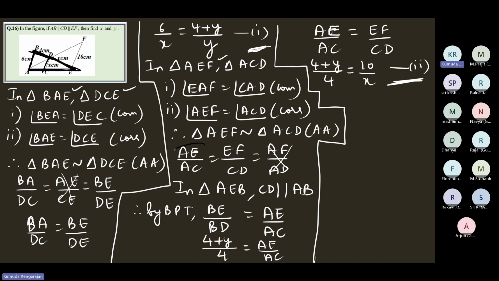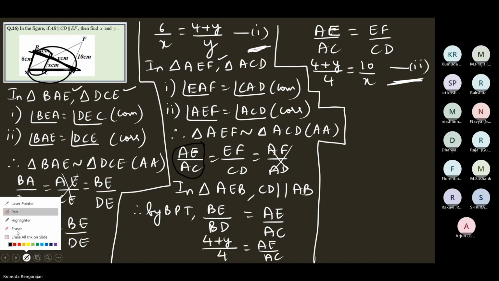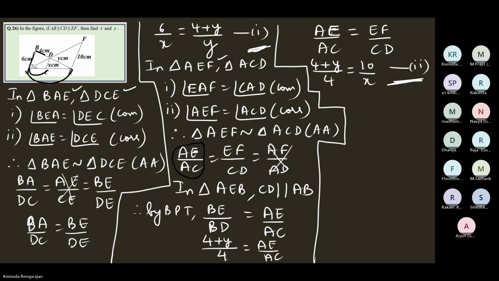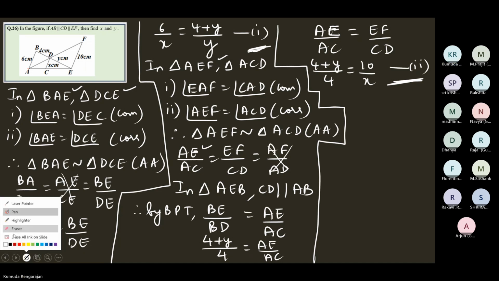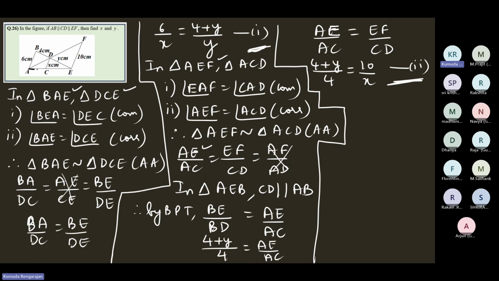we have AE by EC here. Sorry, AE by AC. So that AE by AC can be found using BPT, which is BE by BD. So when you look at the figure, this is AE by AC here.